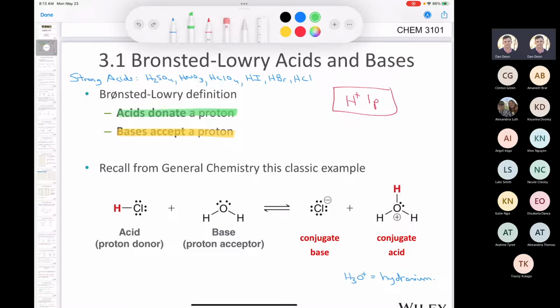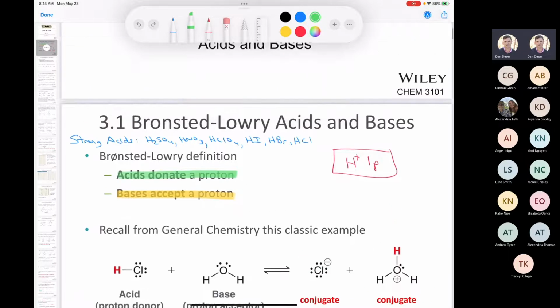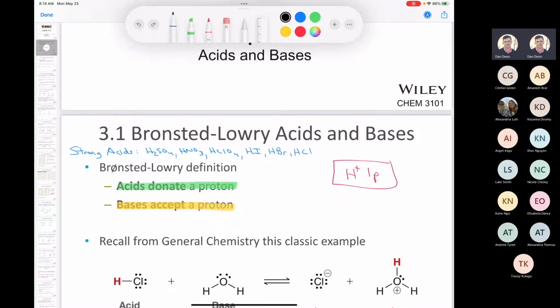Backing up in history a little bit, you might remember that there's another definition of acids and bases that you would have learned before the Bronsted-Lowry definition, and that is the Arrhenius definition. If we go way back to the title slide, you might remember the Arrhenius definition: an acid is something that makes H3O+ in water, and a base is something that makes hydroxide in water.